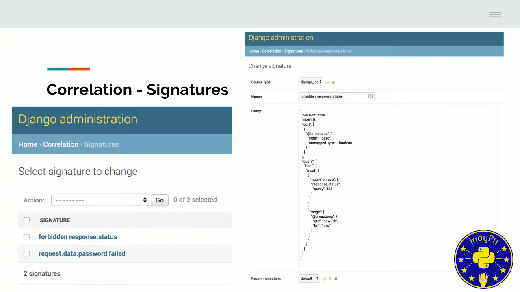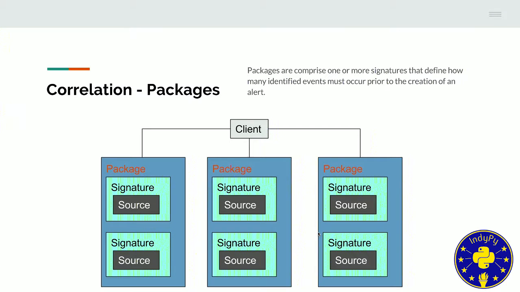One of the example queries here is a fairly simple, small Elasticsearch query. What we're saying is that our query match phrase must have a response status of 403, and we're looking between now and 1 hour ago. We roll all these up into a single package, and now we can create an alert off of that.